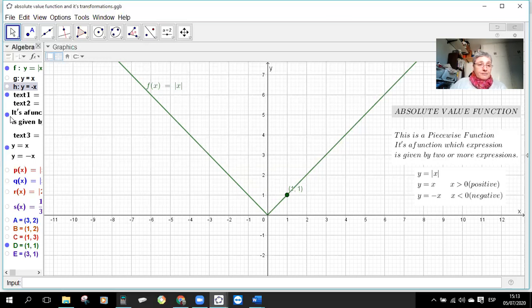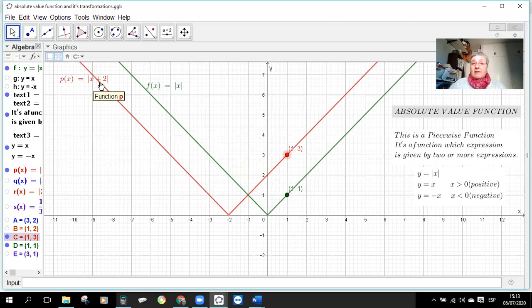Let's take a look at some of the transformations happening to this absolute value function. Let's start with this one. Let me show you a point on the graph of this function. As you can see, here you have 2 added to x inside the absolute value bars.